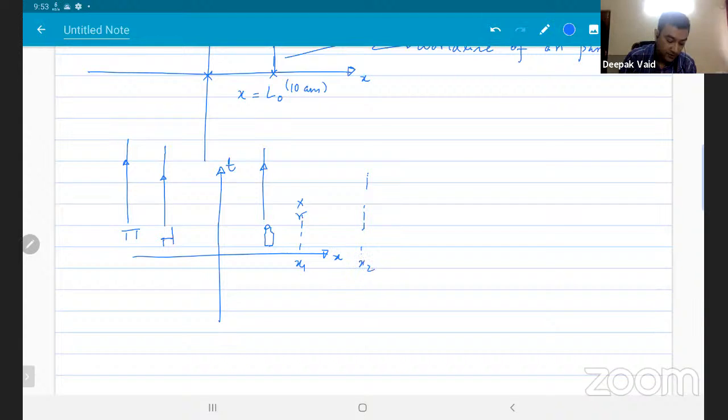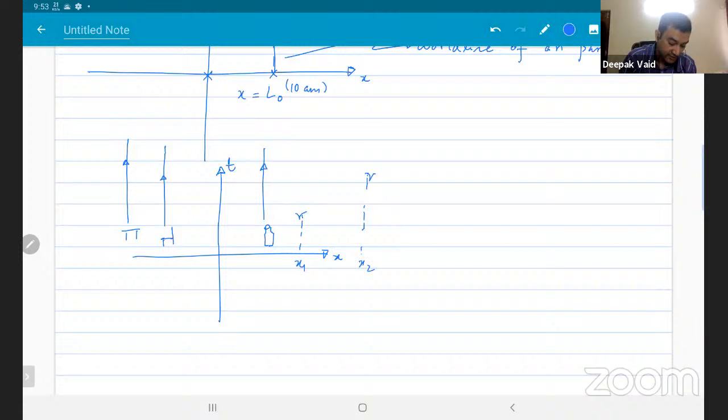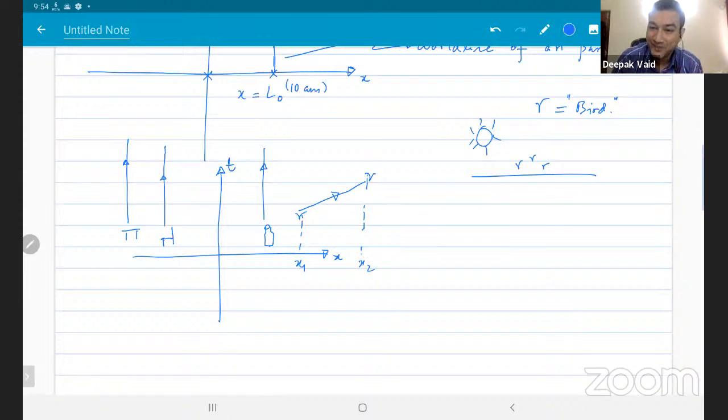In between, what does the trajectory of the bird look like? It looks like this, right? This is a bird, by the way. When you draw a sunset, how do you draw a bunch of birds? You draw them like this. These are birds. So this is a bird which goes from one end of the window to the other end.